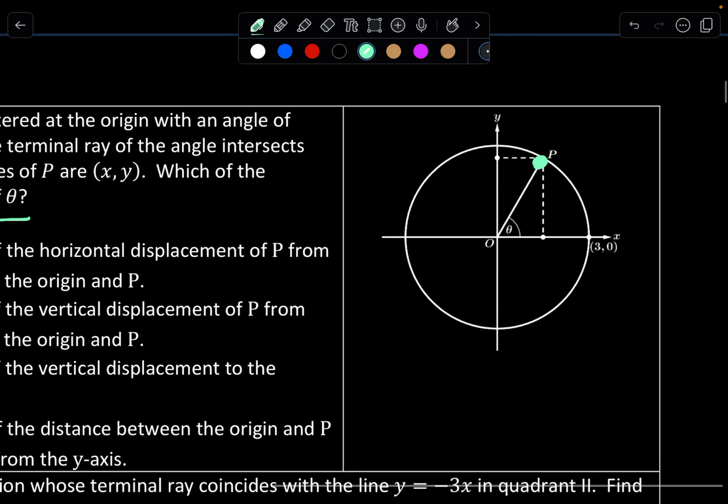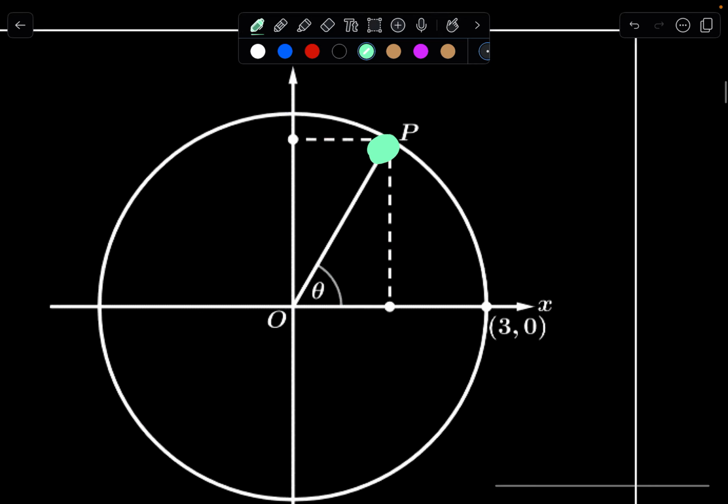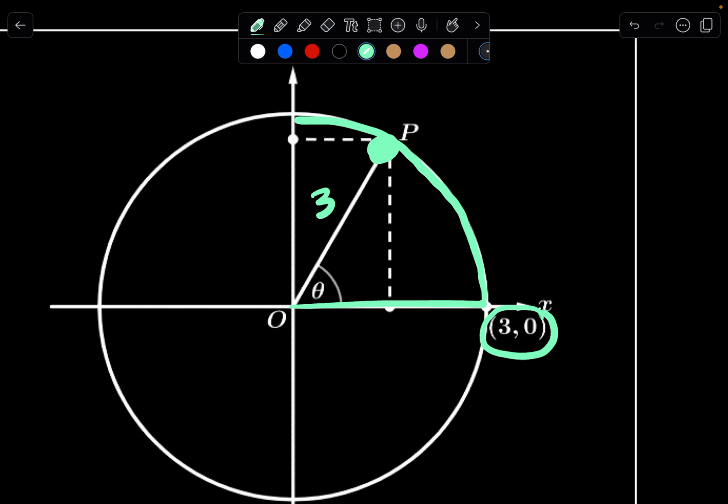So we have this, we're in quadrant 1, point P. I know, based on this, that my radius is going to be 3, okay? Because the radius around this entire circle is going to be 3. If I see the radius is here, then that means the radius will be the same here as well.